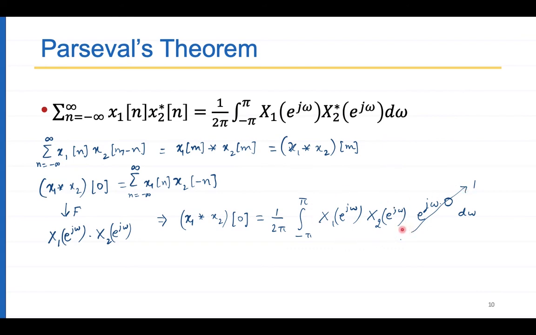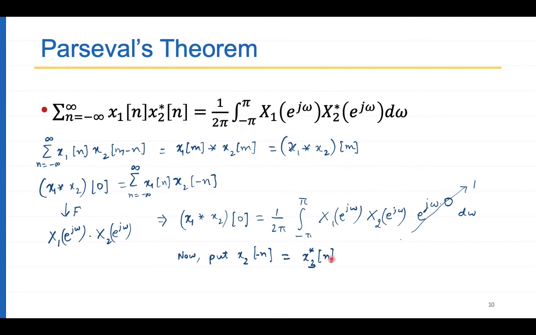Now this looks similar to the right hand side term, but there are some things to be straightened out. There is minus n, whereas we need plus n. So let's define x3, so that I replace this x2 of minus n with x3 star of n.